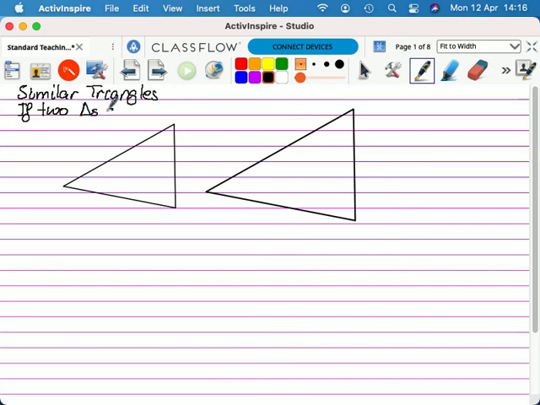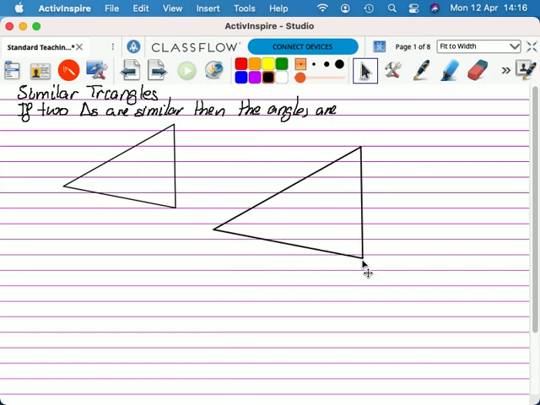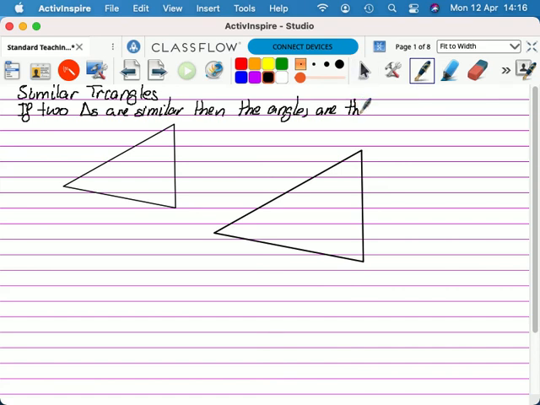If two triangles are similar, then the angles are the same.